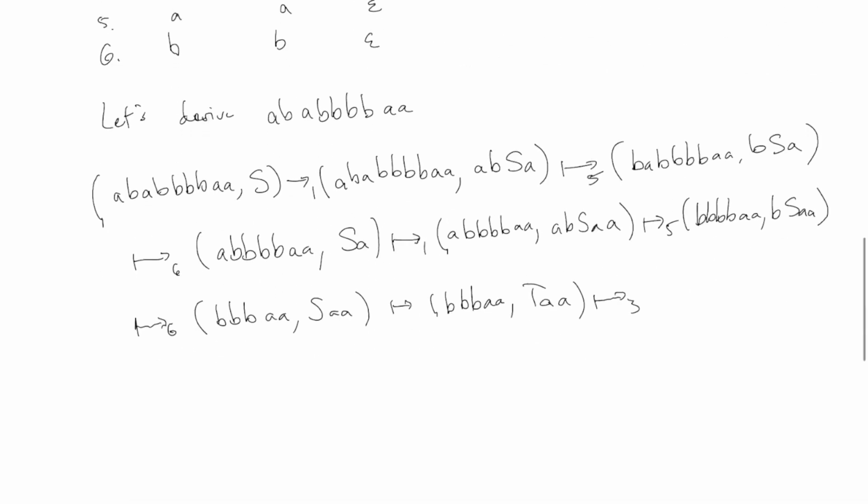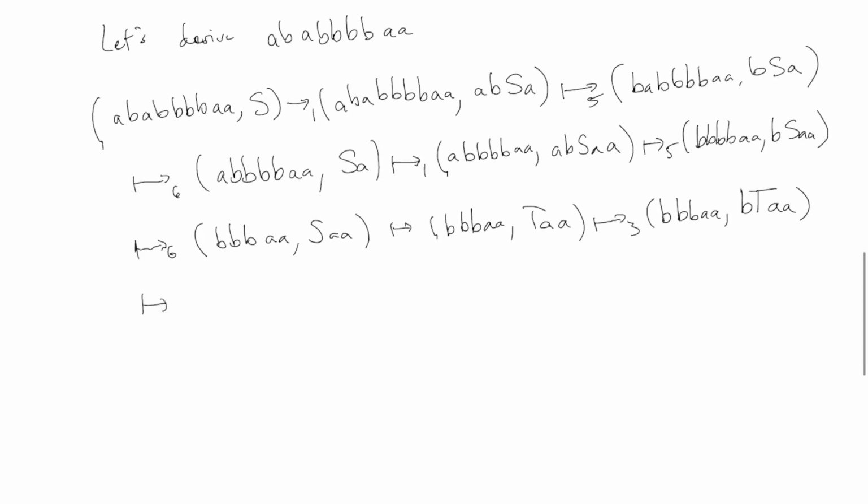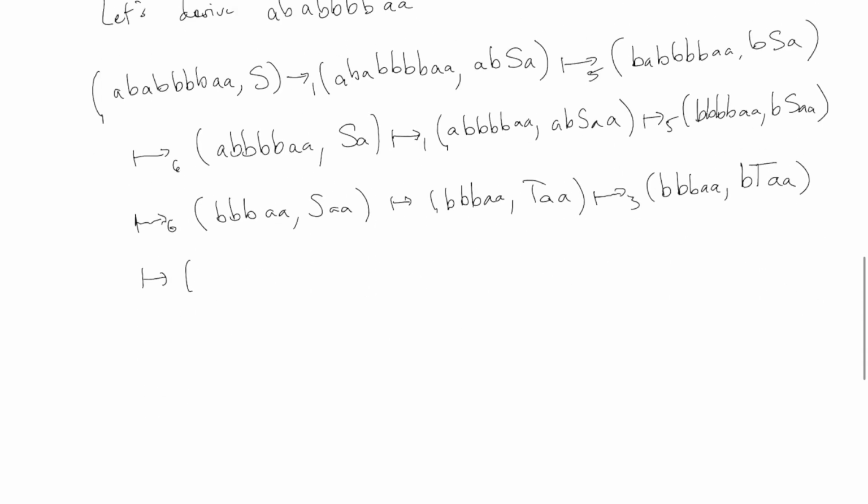Number 3. This is read epsilon, so the string part stays the same. T becomes BT. All right, and now I can clear those B's by doing step 5. Or is it 6? 6. Read B, pop B. Like so.